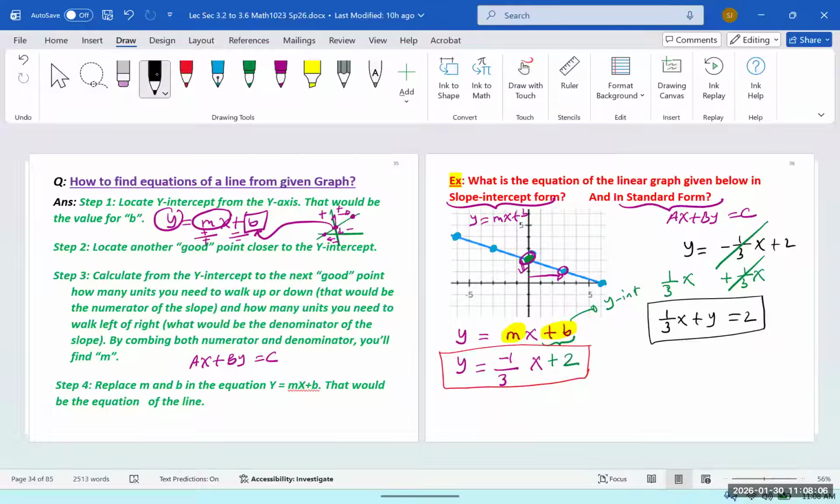But then we have a problem. Usually, the department doesn't want us to work with a fraction. So get rid of the fraction. That means convert 1/3 into a whole number. Now, do any of you have any idea how you can convert 1/3 into a whole number?